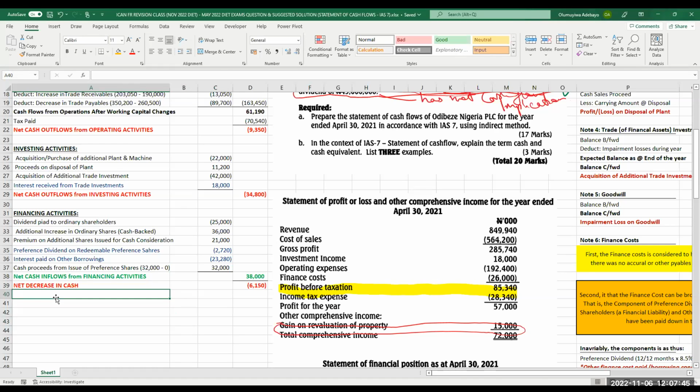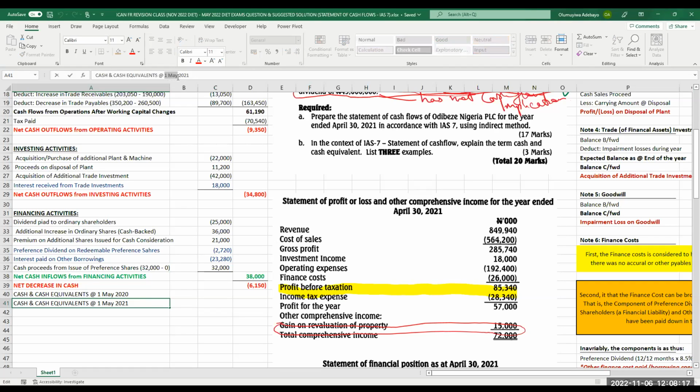And what I now need is cash and cash equivalents as at the end of last year. The first year ends April, therefore it means it will have started May 2020, and cash equivalents as at 30th of April.